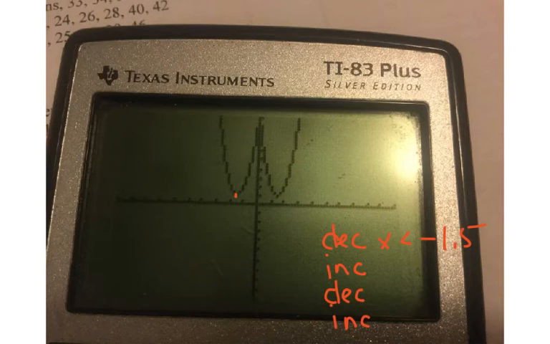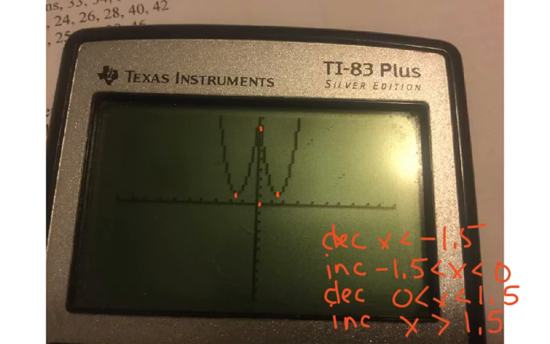The next interval will start at negative 1.5, and it ends at this x value, which is clearly at 0. The next interval will start at 0 and end here, which appears to be positive 1.5. And the last interval will always be x is greater than that last x value.